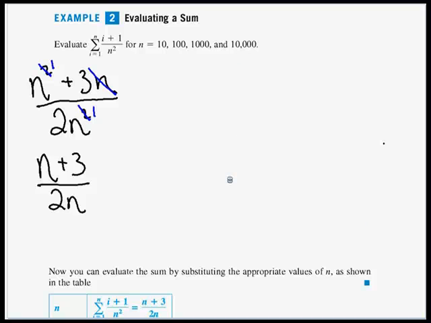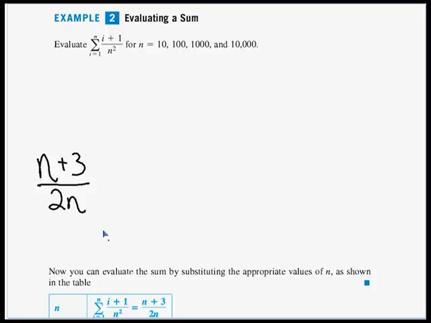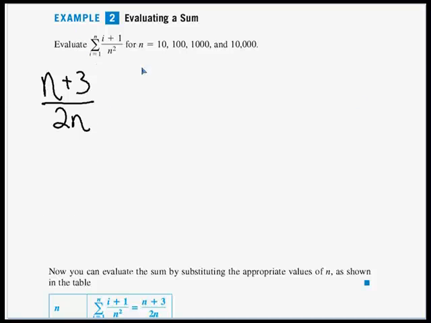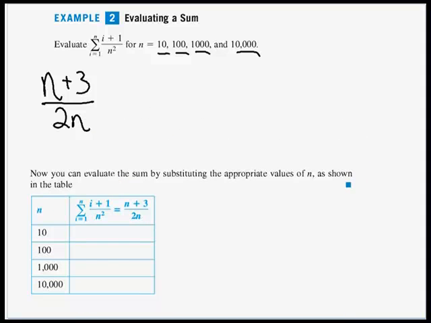Let me get some of this out of the way here. And now we have our summation all simplified, and we want to evaluate it at 4 quantities: 10, 100, 1,000, 10,000. And this is going to give us a nice shortcut way to get there. So there's our n plus 3 over 2n.